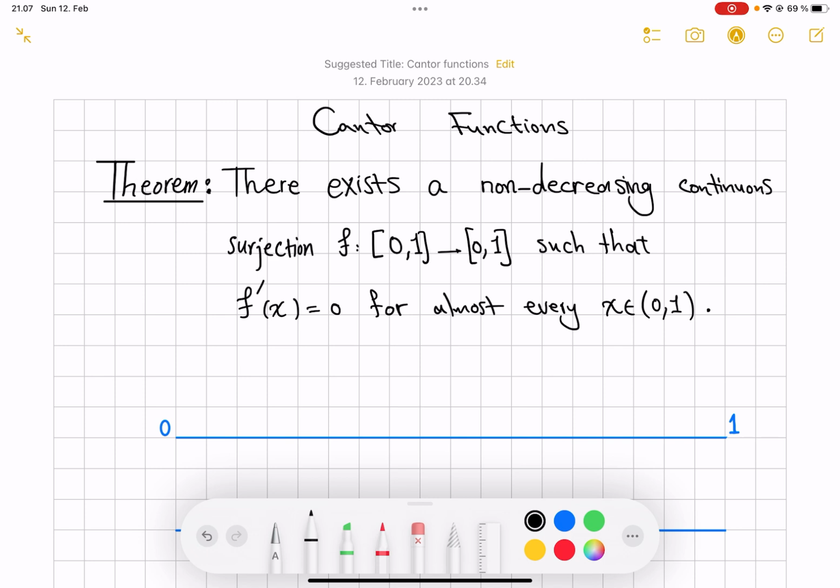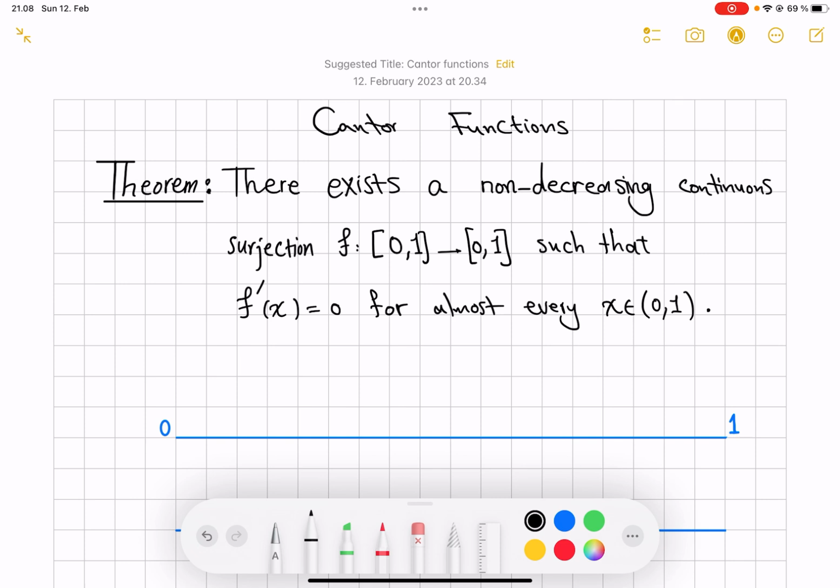By the mean value theorem, you cannot have the same claim and have differentiability at every single point. So already this theorem is a counterexample showing why differentiability at every point is important for the mean value theorem.